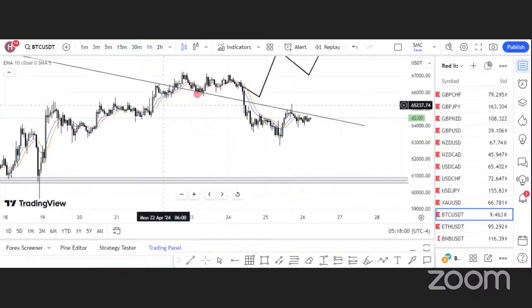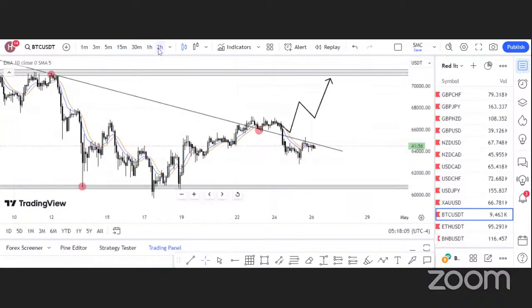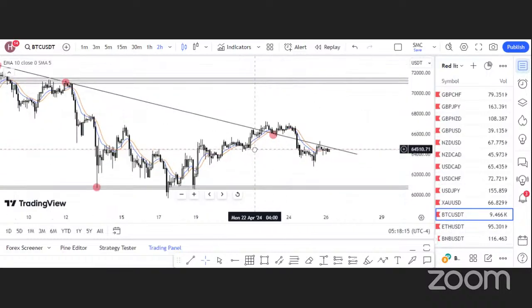So, BTCUSDT, what is currently happening on the BTCUSDT pair? After the halving event, as you can see, the market has been on a rough edge, right?